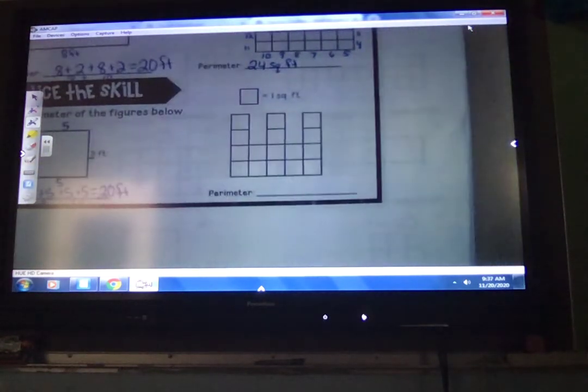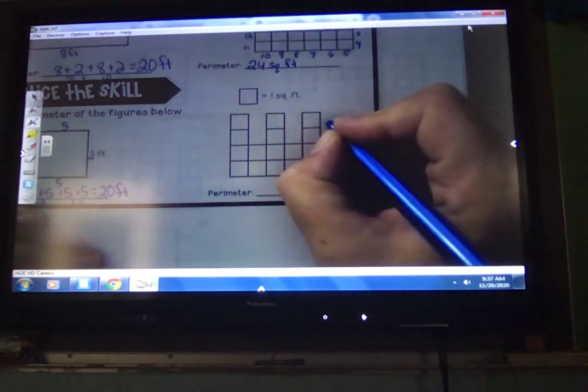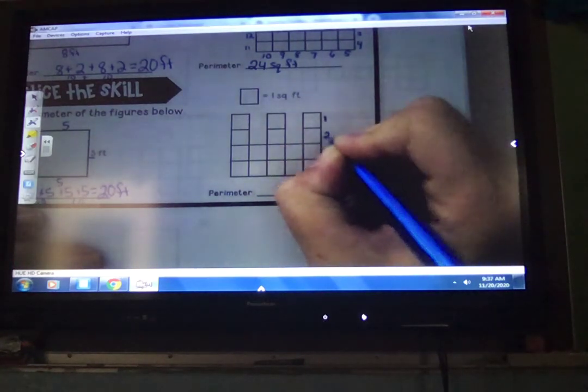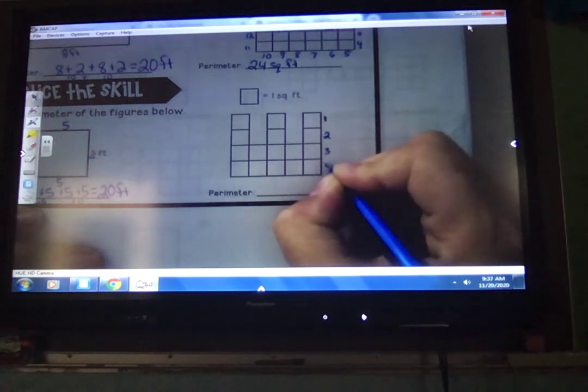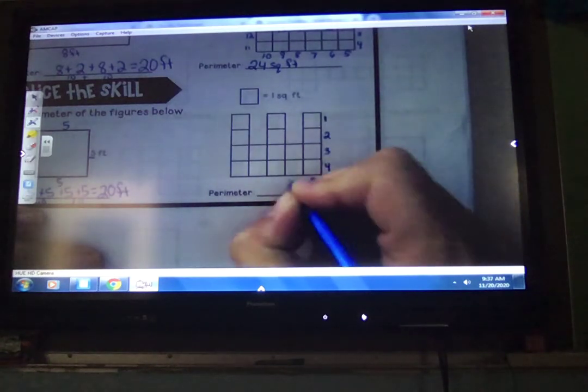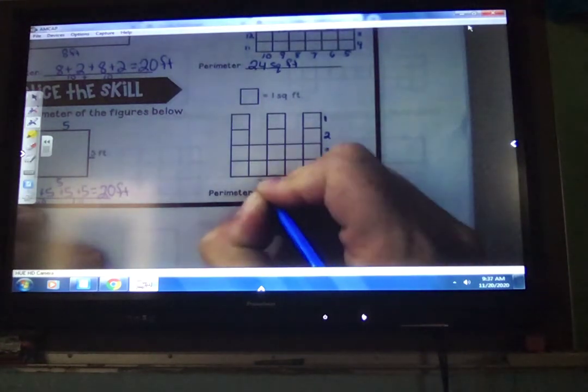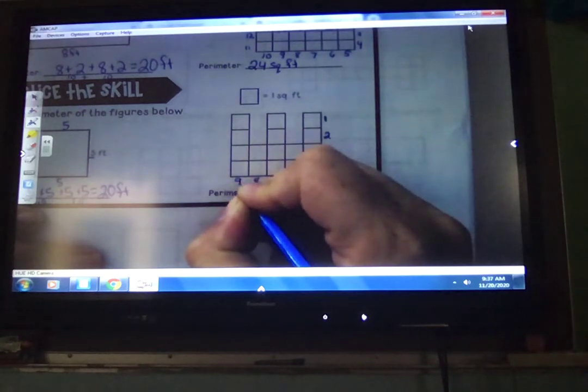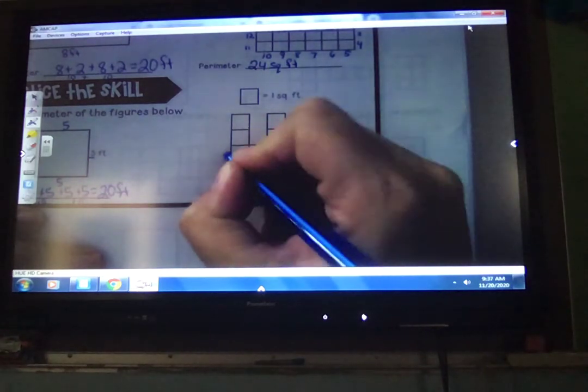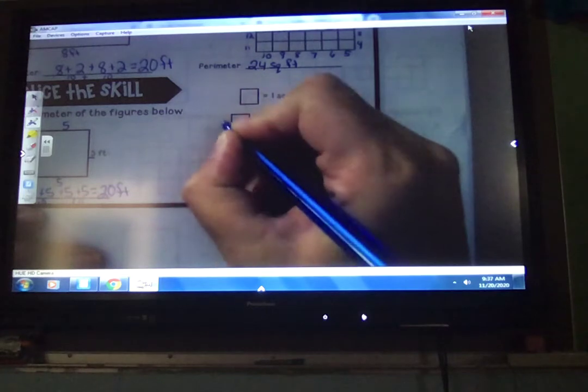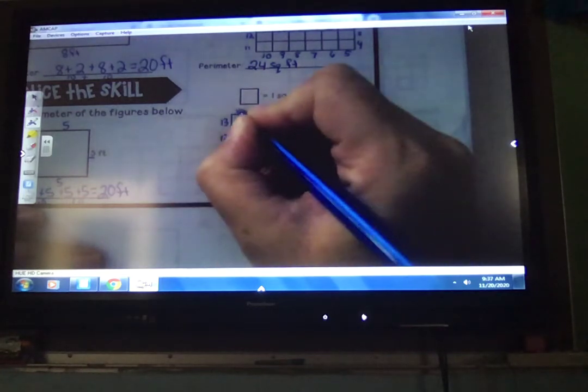Oh, this one's going to be fun. Lots of turns, lots of corners. So we're going to number carefully. We've got to walk around the whole shape. I'm going to start on this side. 1, 2, 3, 4. Turn the corner. 5, 6, 7, 8, 9. Turn the corner. 10, 11, 12, 13. Turn the corner. 14.